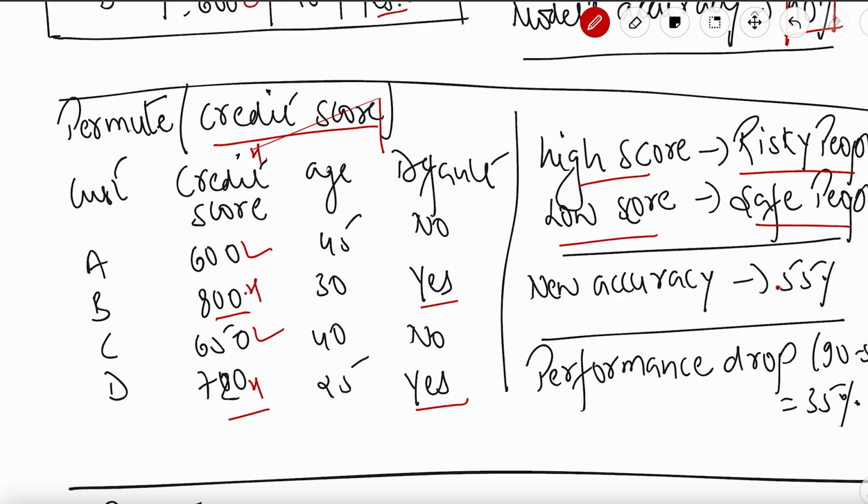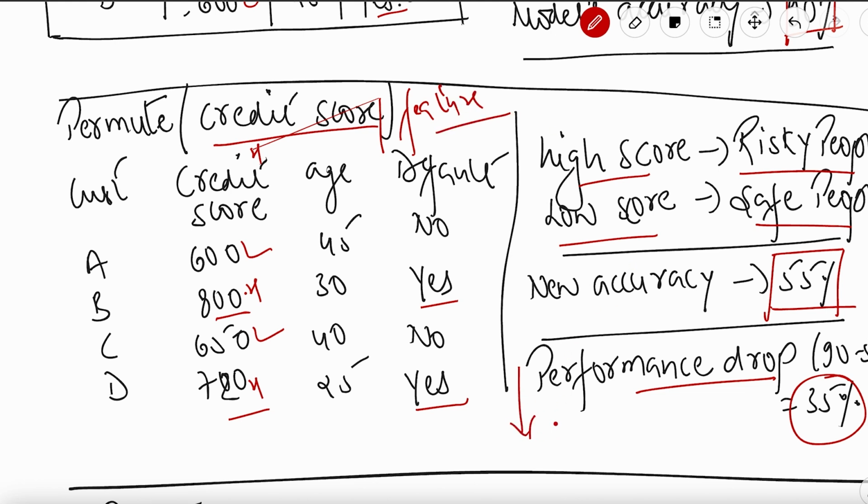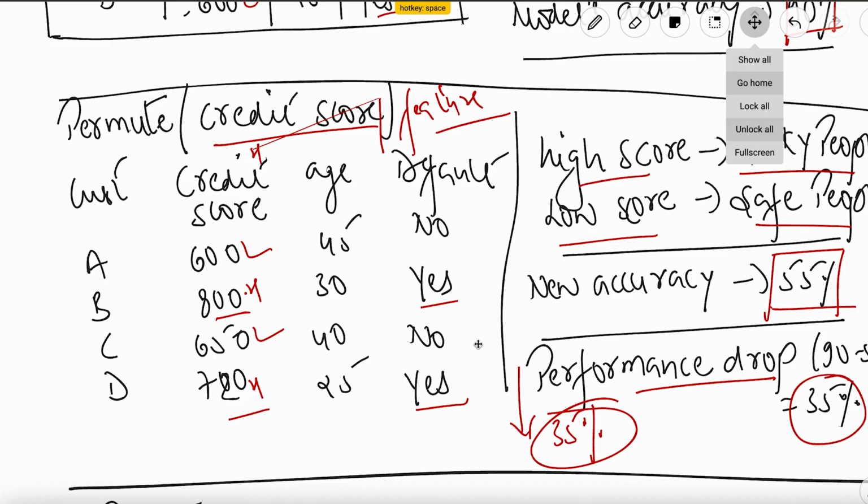So the accuracy has now reduced to 55%, a performance drop of 35%. So when we rearrange the credit score, the performance drops, and not just marginally, it drops significantly, 35%.